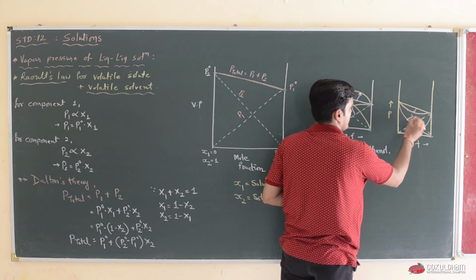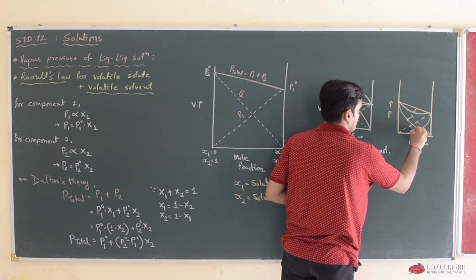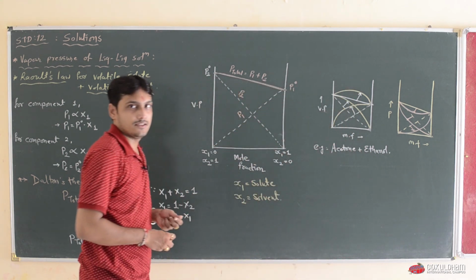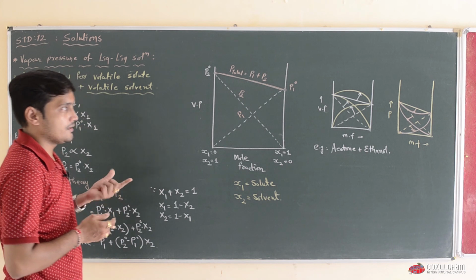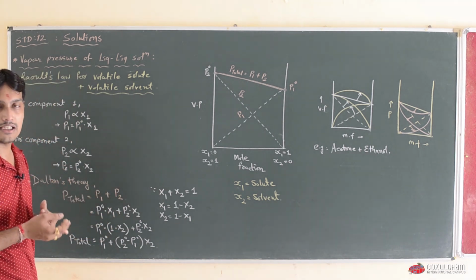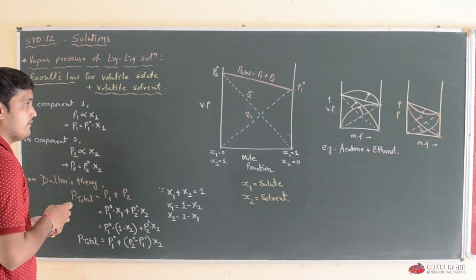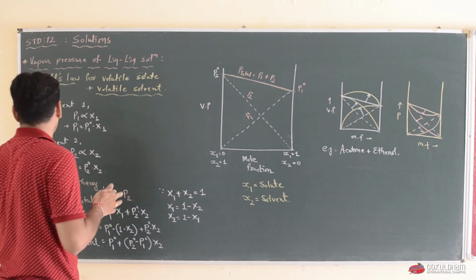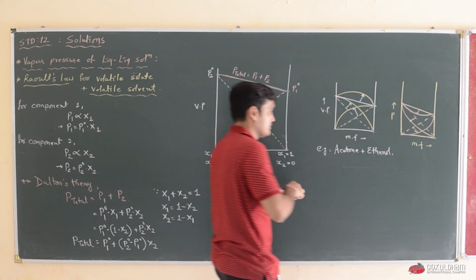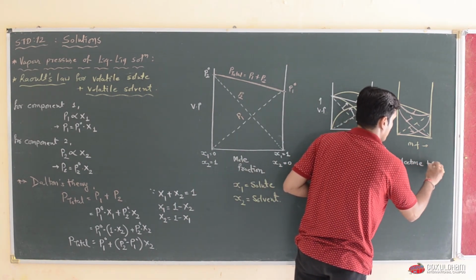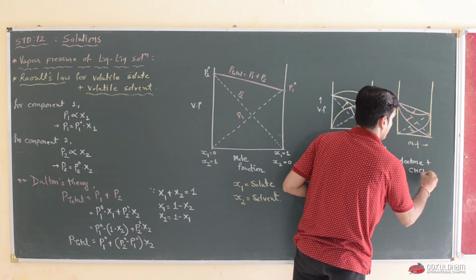This is known as negative deviation and positive deviation when the vapor pressures of the solute and solvent are different. So you will get these two types of variations, and the example of negative deviation is acetone plus chloroform.